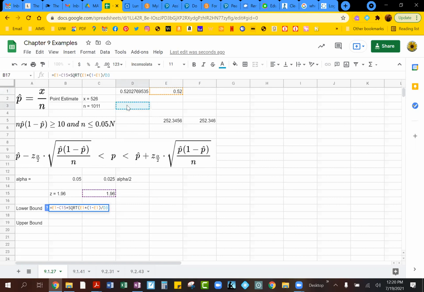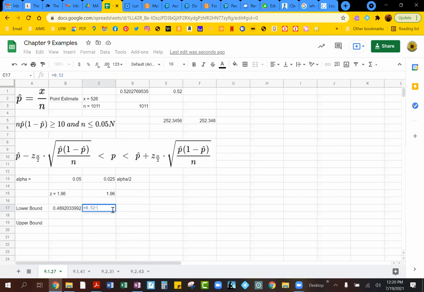You know what? I did not put it in a cell, but I'm going to put it in there. So I need to put my 1,011 here. So you can see, you can either do this by using cells, or like I said, if you want to do these with numbers, you can do that also.